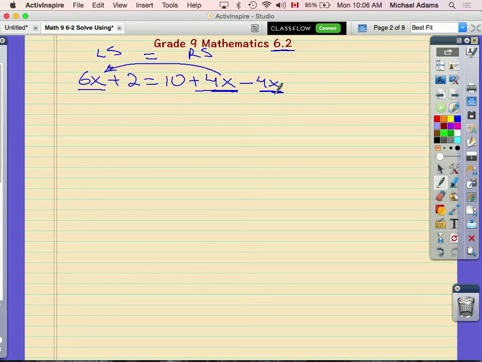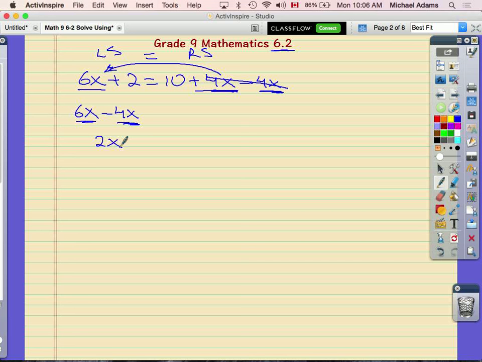If I get rid of this here by subtracting 4x, that means on the left side, I've got to subtract 4x as well. So now let's go back to the right side. Because these are opposites, they're going to cancel out. So I no longer have a 4x here because I moved it to the left side. So if I simplify on the left side, 6x minus 4x, well, that gives me 2x.